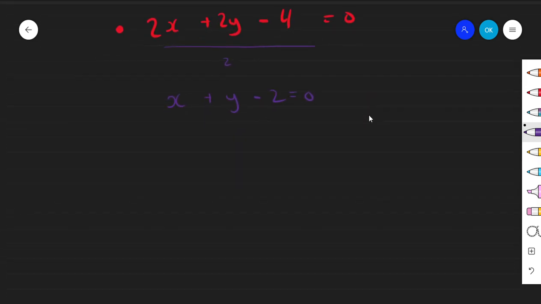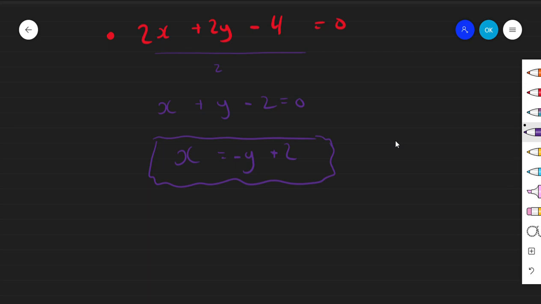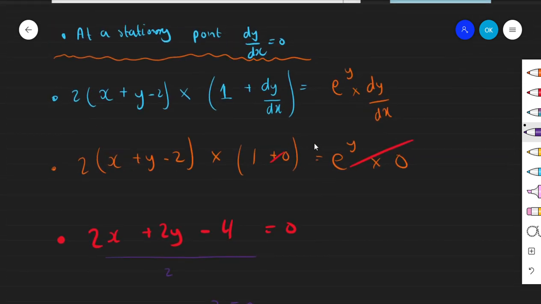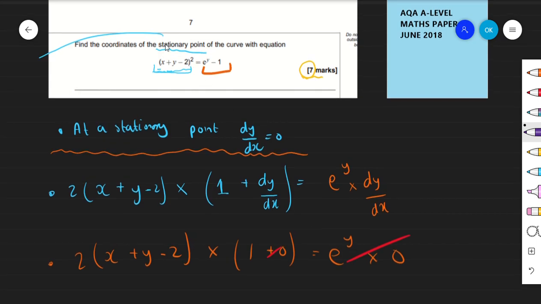I'm just going to do it with x. So x equals, bring y to the other side, minus y plus 2. Now this should ring a bell. This mirrors the format of a simultaneous equation, where you have this rearranged equation which you can substitute back into the original equation here.